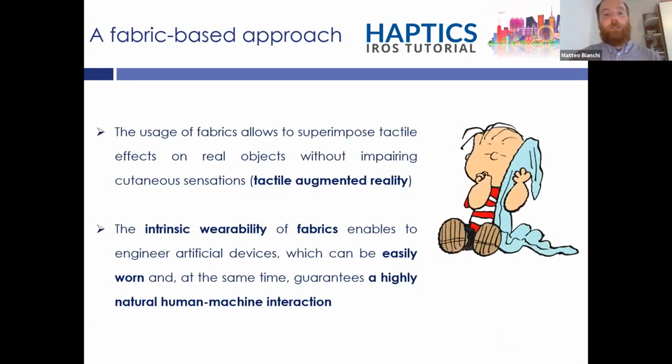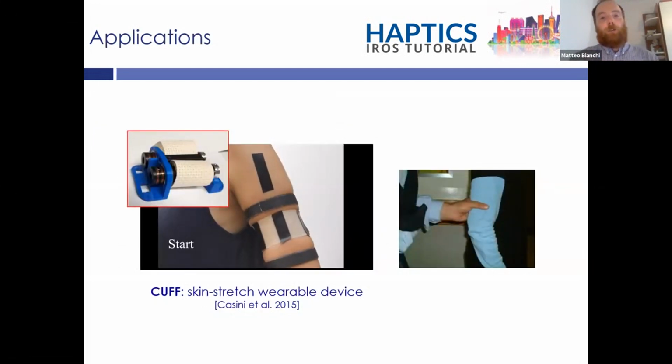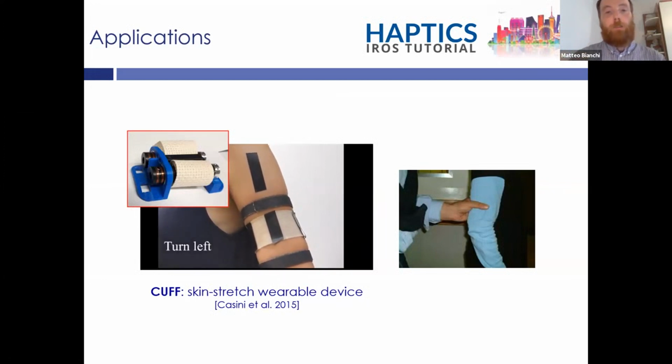At the same time, the intrinsic wearability of fabrics allows us to develop artificial devices that can be easily worn and can guarantee highly natural human-machine interaction in different application areas. For example, I will show you briefly two applications. This is a system that can provide both normal and tangential cues at the arm.